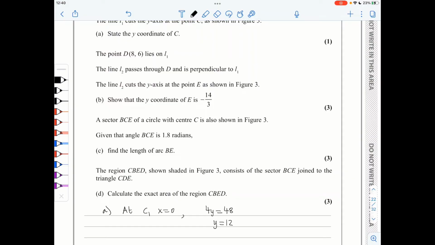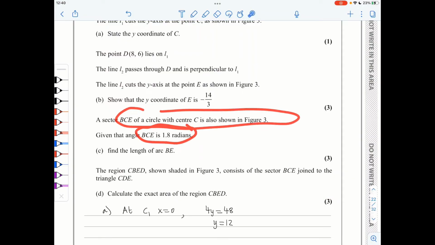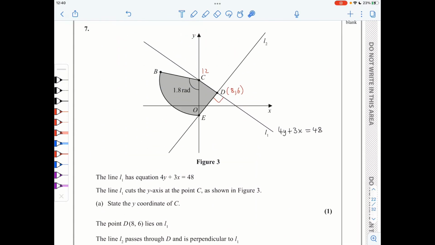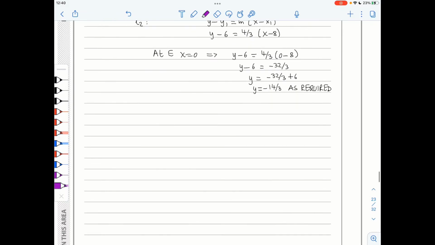Part C, we have a sector BCE. The angle is 1.8 radians. We need to find the length of the arc BE, the length of this arc here. So we know that the formula for the length of an arc is r theta when theta is in radians, and the radius is this part here, which is the difference between the y-coordinates of C and E. So that's where we start.